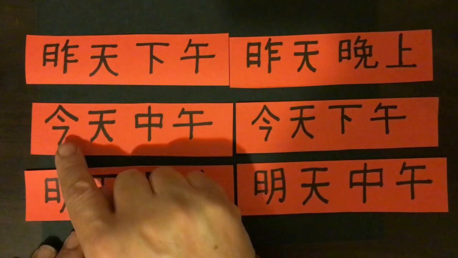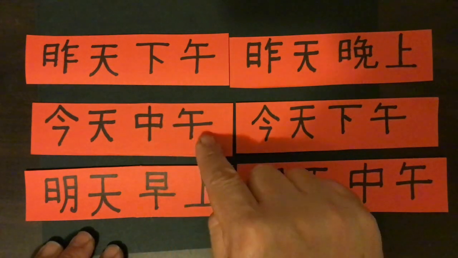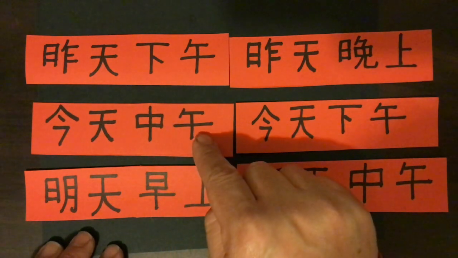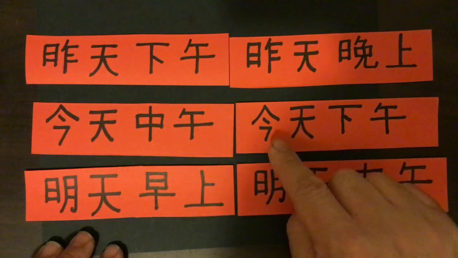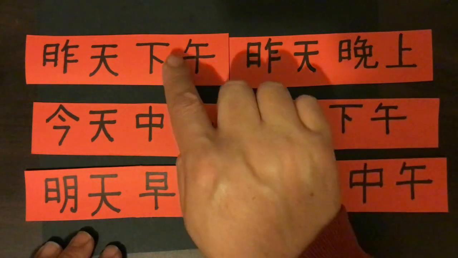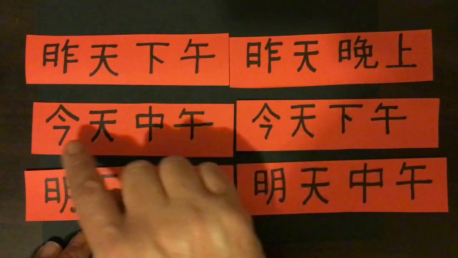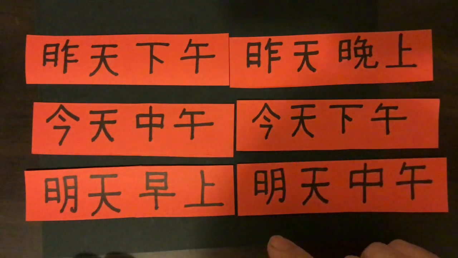Okay. Now we have our 2 todays. Let's see. 今天中午. So 中, middle, wu, middle of the day. So this is today noon. Then we have 今天下午. Okay, we just did 下午. It's afternoon. So today noon, today afternoon. They're right too.